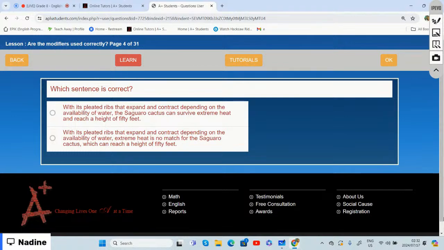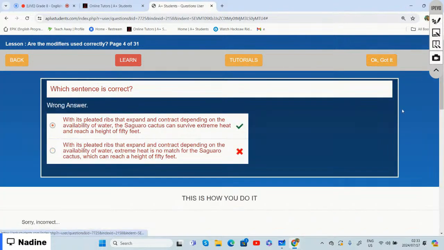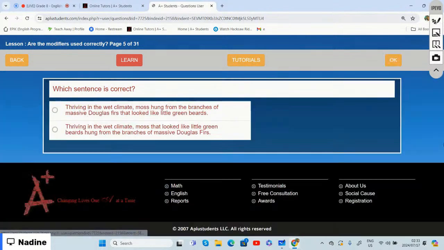Extreme heat is no match for this saguaro cactus, which can reach a height of 50 feet. Let's try this one. It's actually the first one. So the first one is actually correct.